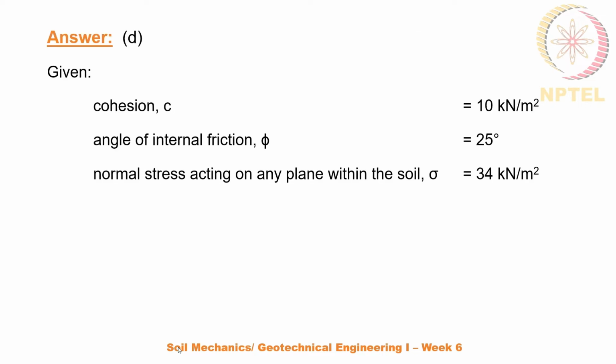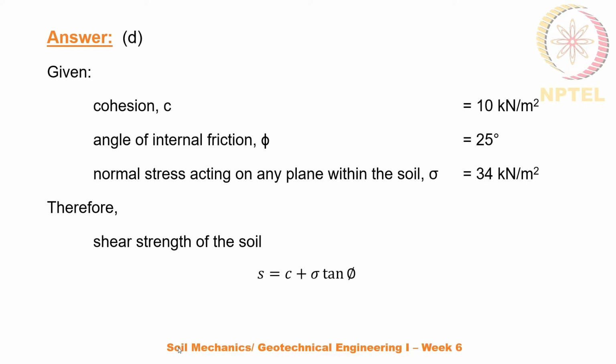So the correct option is option D. Here we are given cohesion C as 10 kilonewton per meter square, angle of internal friction or shearing resistance as 25 degrees, normal stress acting on any plane within the soil as 34 kilonewton per meter square.